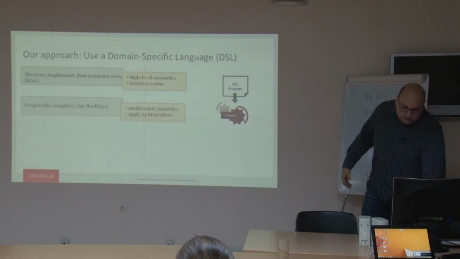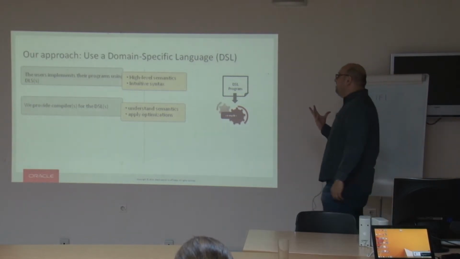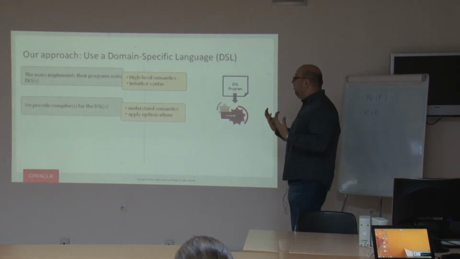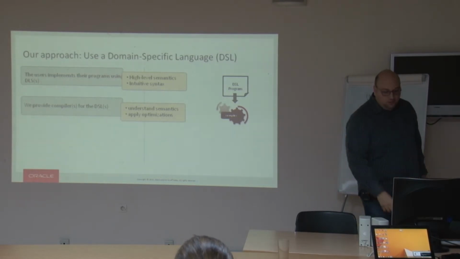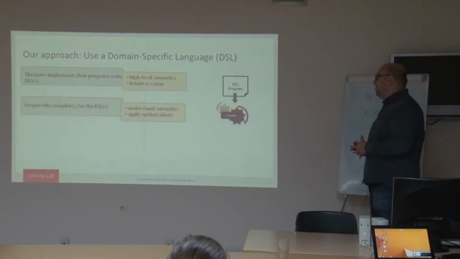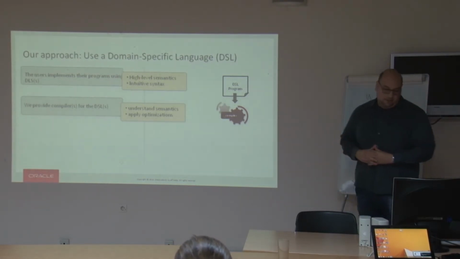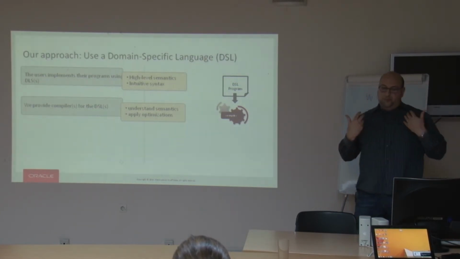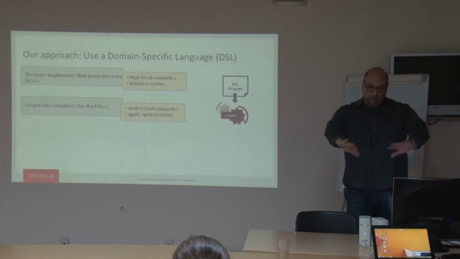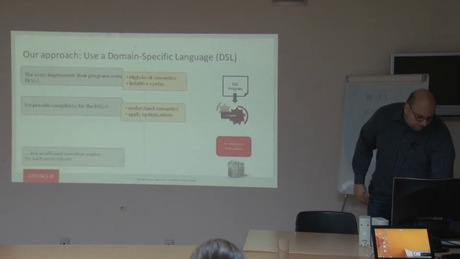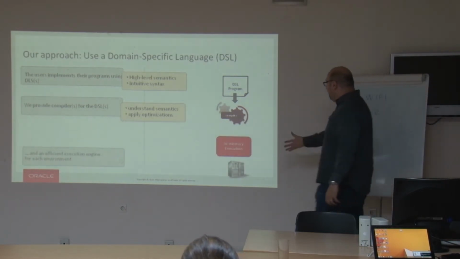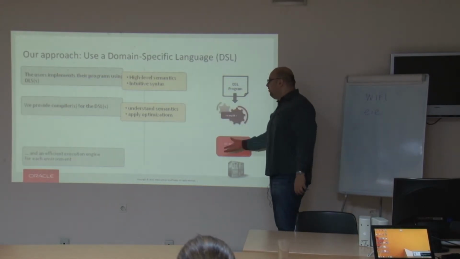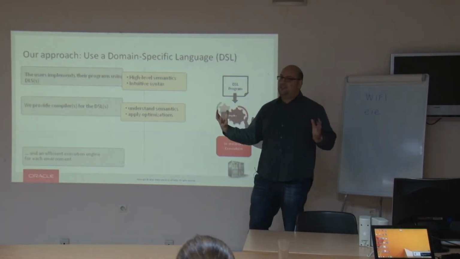And we provide compilers for the DSL, which understand the semantics of the language. They understand the notion of a graph, and they can apply domain-specific optimizations. A lot of cool graph-oriented optimizations, like flipping edges, so that instead of pulling information, we can push information, things like that. And then we build optimized execution engines. We don't try to build a system that fits all.